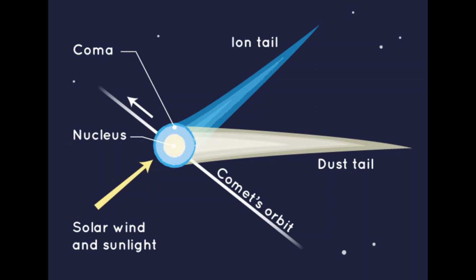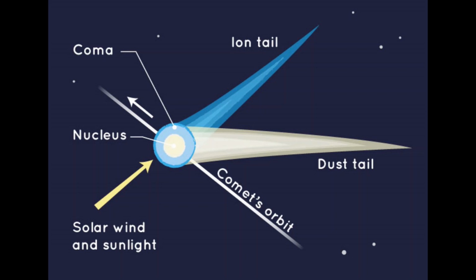When the comet gets nearer to the sun, the ion tail is created. This ion or gas tail is created due to the charged particles in the solar wind. Also, there is another tail called the dust tail, and this is created due to radiation from the sun.